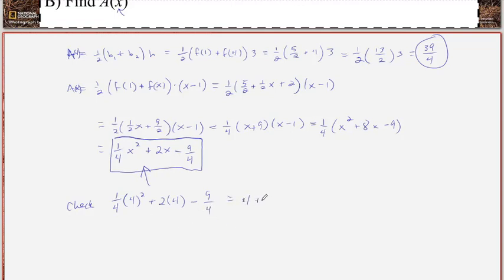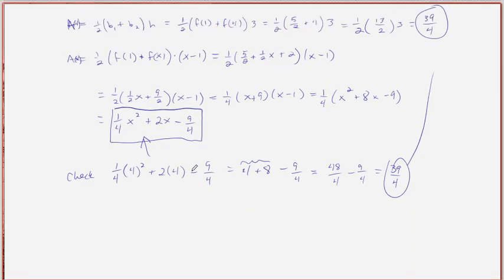Well, that's going to give me 4 plus 8 minus 9/4. So of course this is 12, and 12 is 48/4, minus 9/4 is 39/4. Looks good. So now if I wanted to know what the area was if that x extended to 5, I can just plug 5 into my area function.